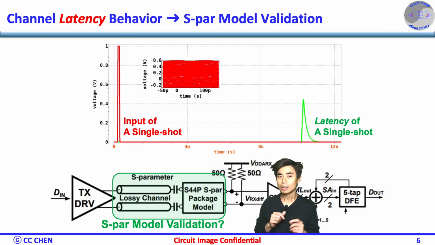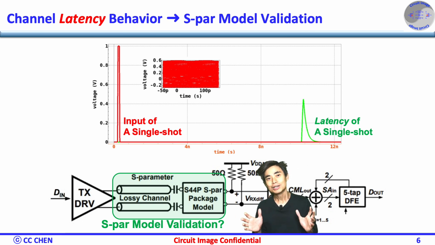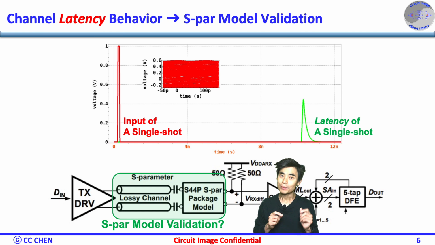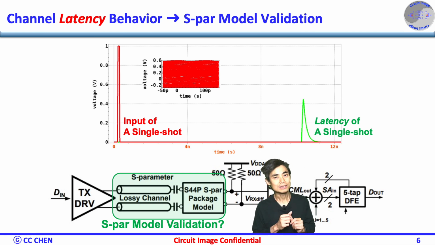If the single shot catches the modeling error or mistake earlier, you should not waste your time debugging your ISI or SI simulation issue. Instead, you will go back to the channel model debug efficiently after understanding the channel behaviors from the single shot. What else could you learn from it?